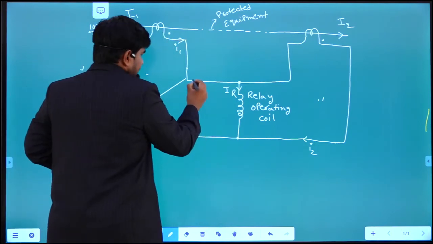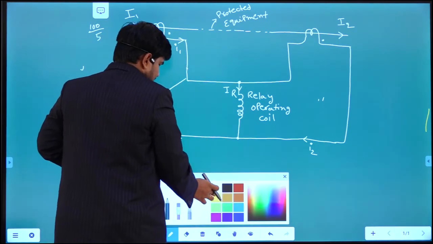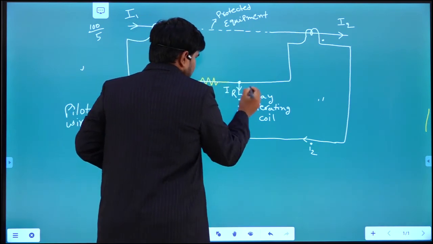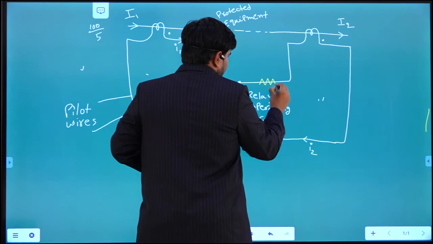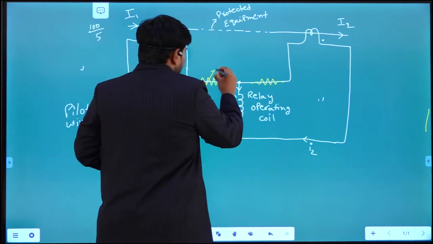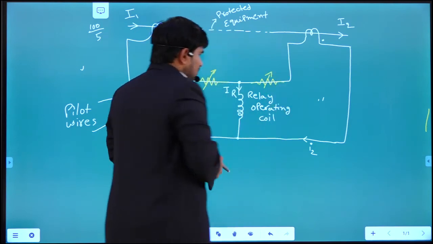So to avoid the circulating current caused by the differences in pilot wires, we will place adjustable resistors on both sides of the pilot wires.